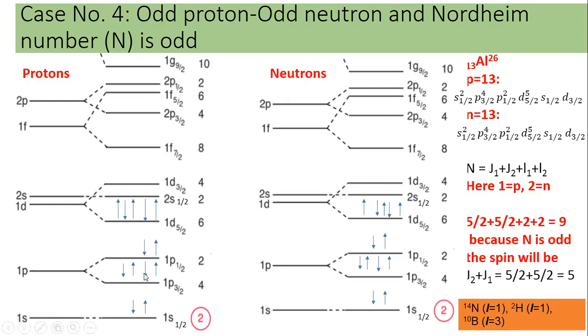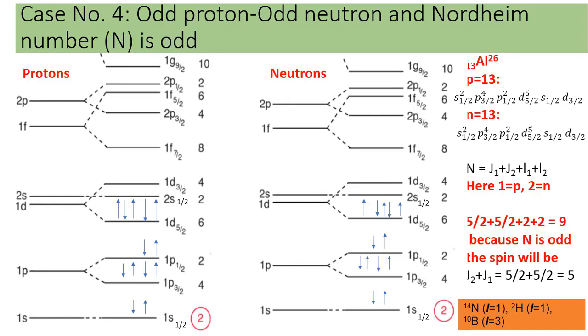So these are the building up of protons and neutrons in the energy levels, and you can also write a simple nuclear configuration by using the same energy levels in horizontal form as P 3 by 2, P 1 by 2, D 5 by 2, and so on. So this is all about the nuclear spin.